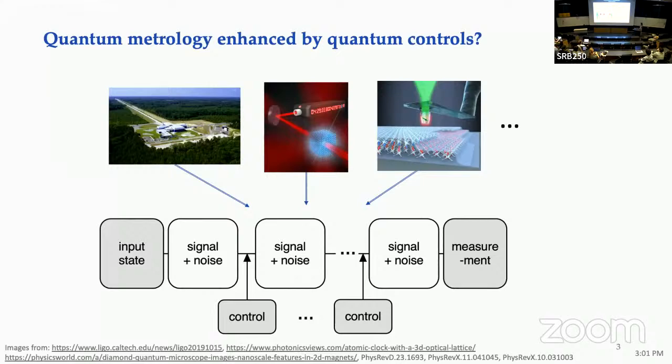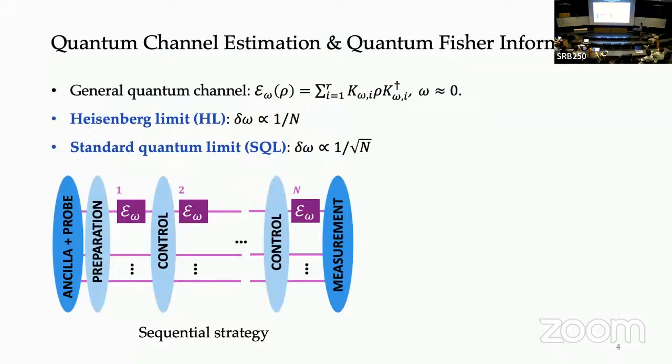In more information theoretical language, you can call this quantum channel estimation. So basically, I assume you have a quantum channel, which is an arbitrary CPTP map that depends on some unknown parameter omega. And for simplicity, I assume omega is a real number and the true value is around 0.